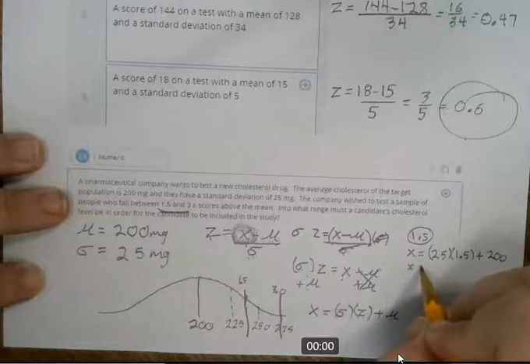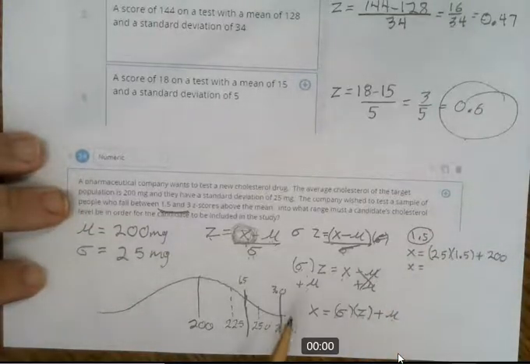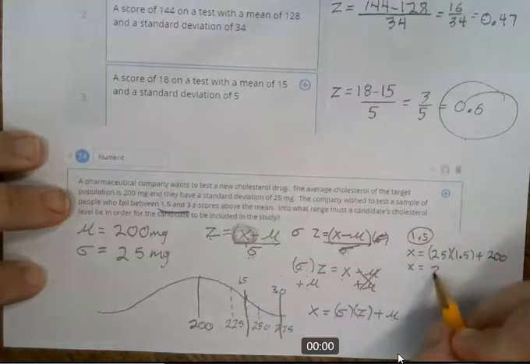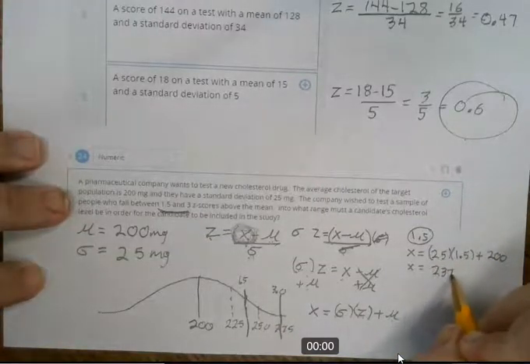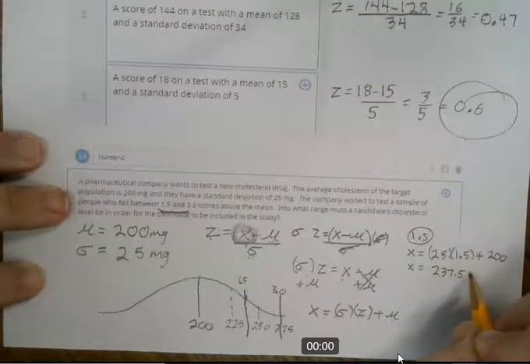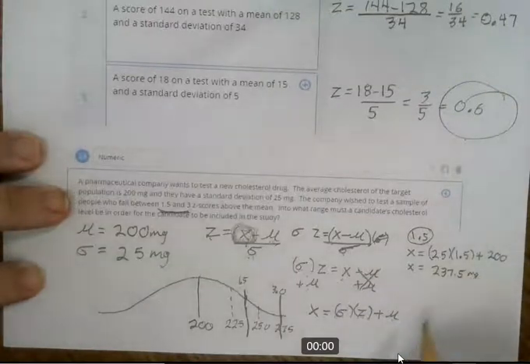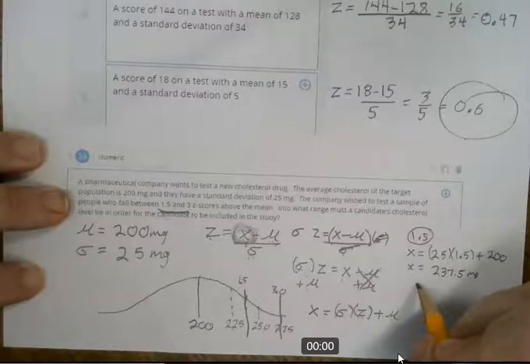So x, that first cholesterol score: 25 times 1.5 is 37.5, plus 200 is 237.5 milligrams of cholesterol. Now I'll go down and do the 3.0.